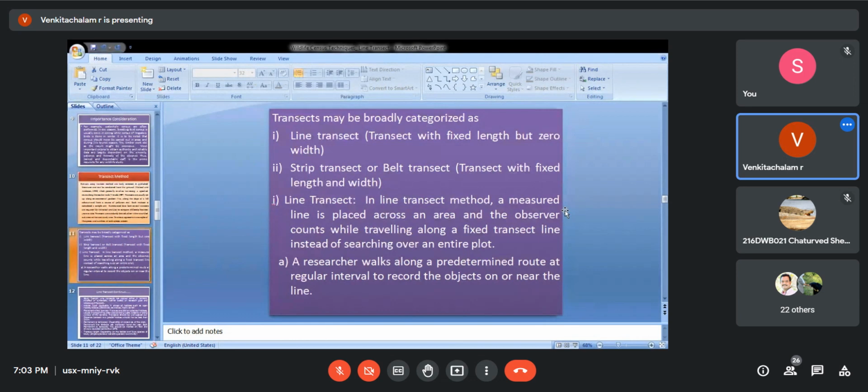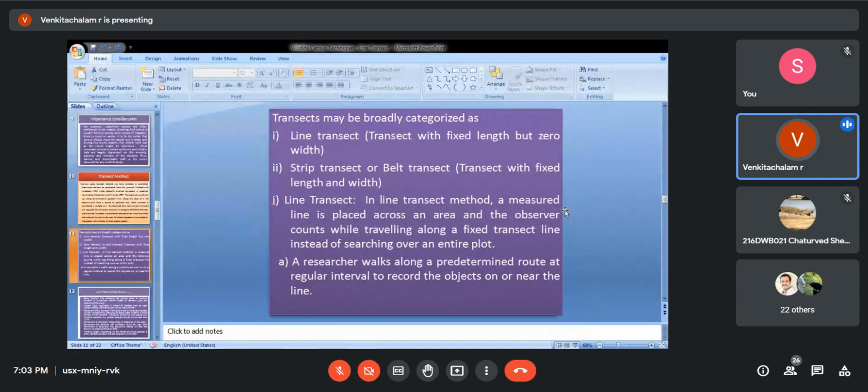Line transect means a transect with fixed length but zero width. But strip transect, or belt transect, means a transect with fixed length and width. Actually, in the line transect method there is no width, but in strip or belt transect we have fixed length and width.